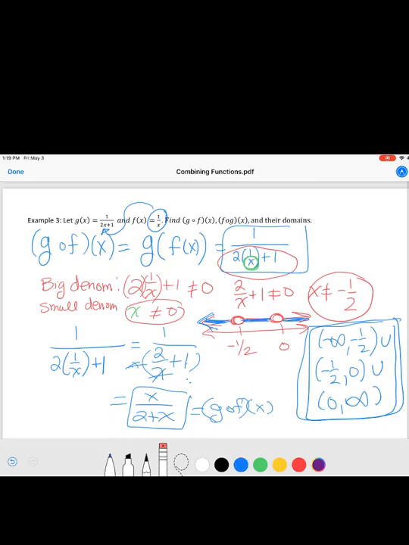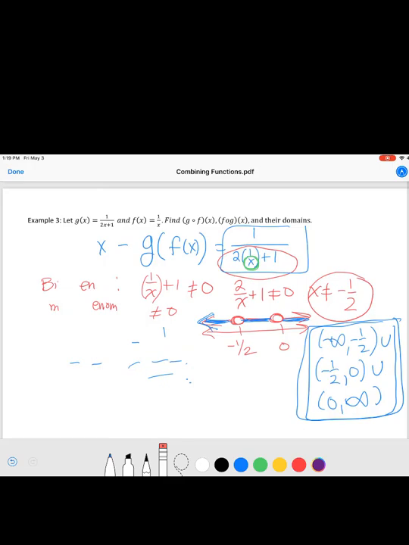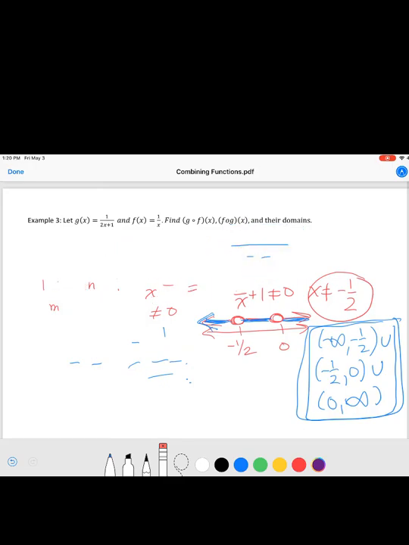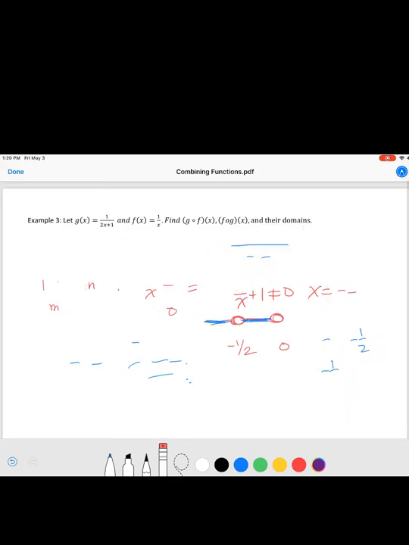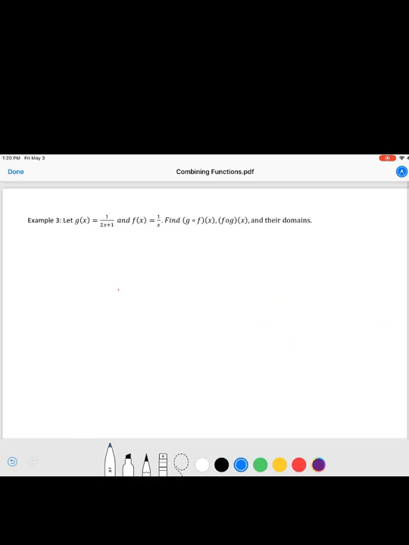So since I'm running out of room here, let me erase this. So then we can go through and do f of g now and do the other direction. Okay, so we're going to do f of g of x now.